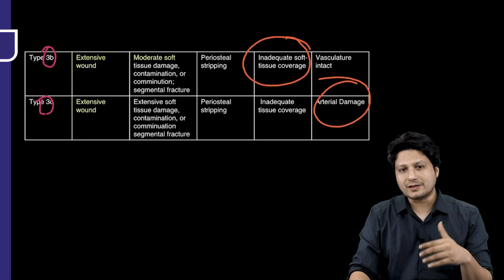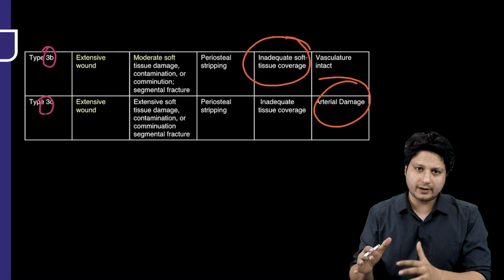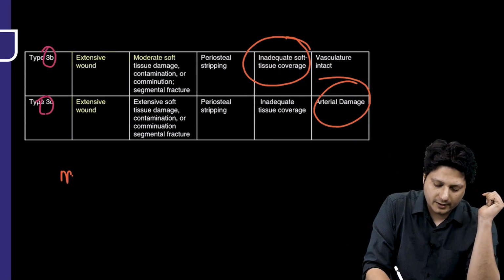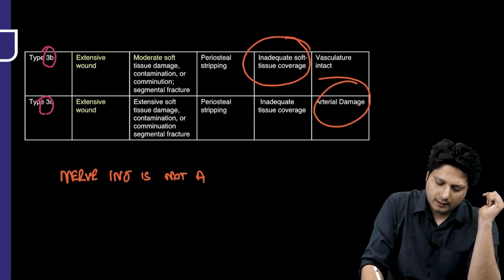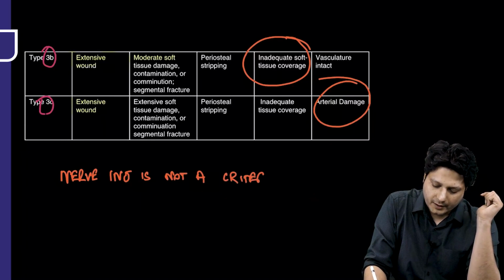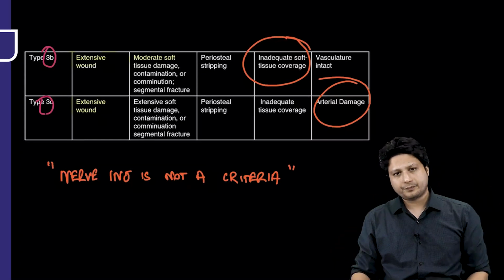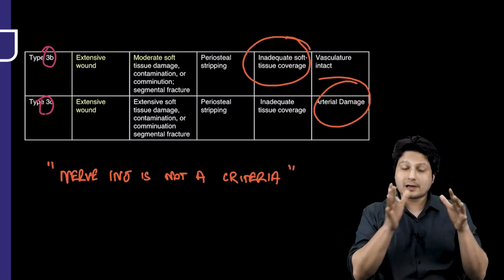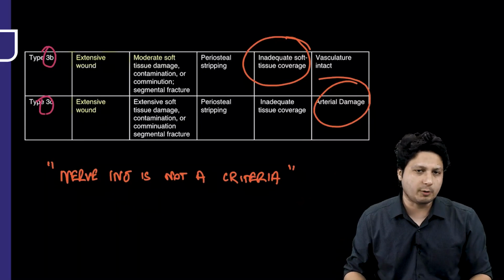One more thing which is considered a key potential question for this topic is that nerve injury is not a criterion. In future they can ask which of the following is not a criterion for classifying the bony injuries according to the Gustilo-Anderson system of classification?